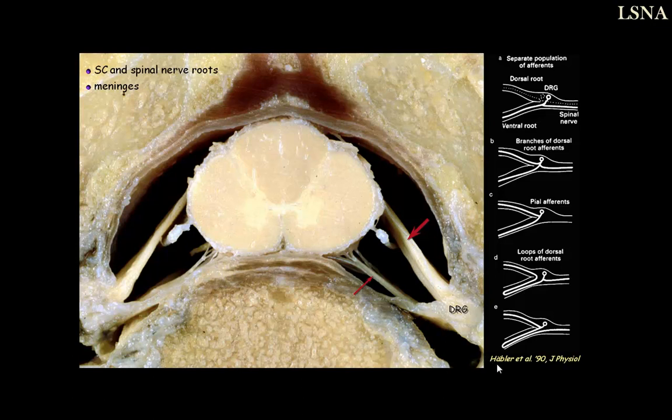As demonstrated by Habler, all motor fibers travel through the ventral root, although this root may also contain a small percentage of sensory fibers with aberrant trajectories.